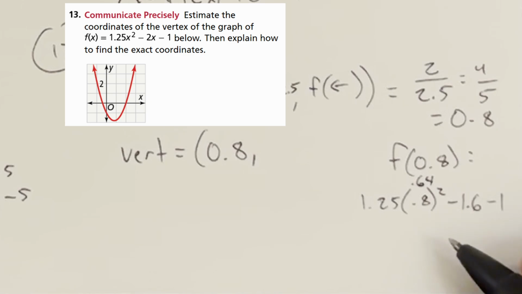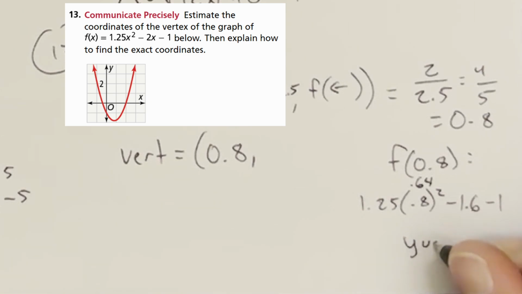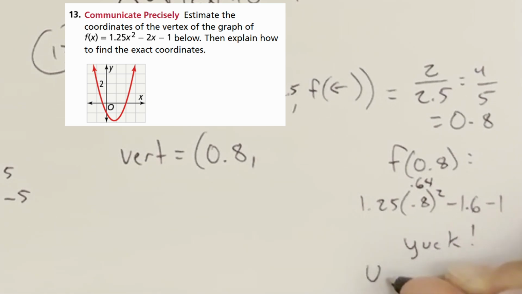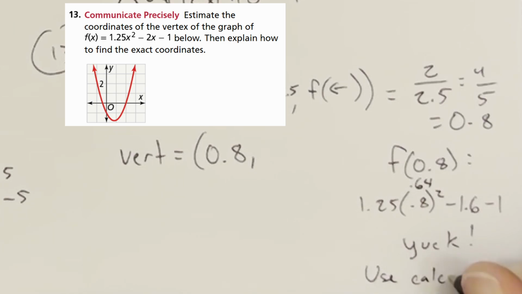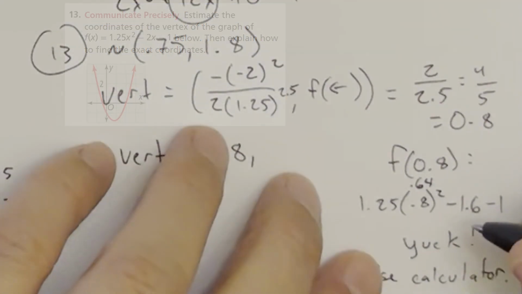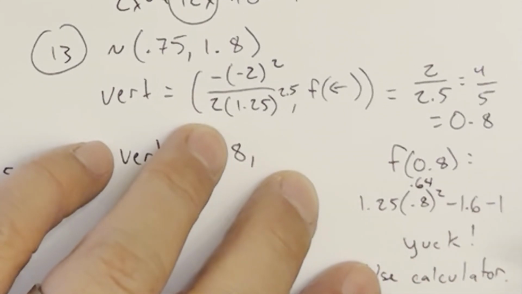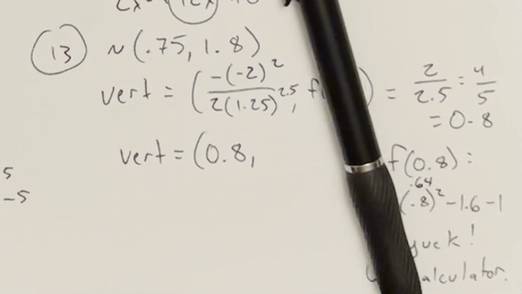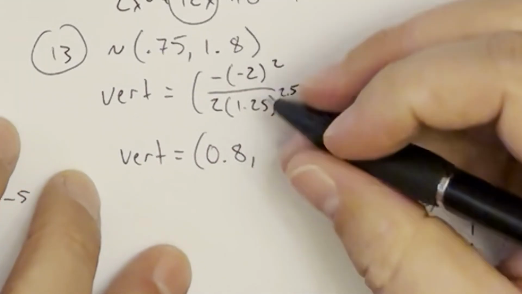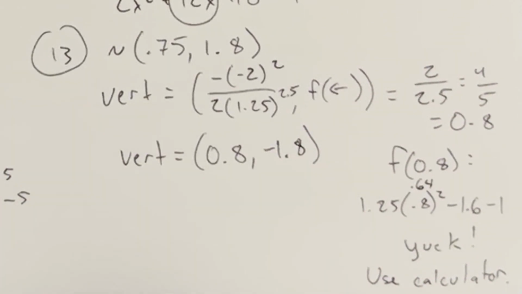If you're clever, you might figure that out in your head. I just say, yuck, let's use a calculator. The reality is it looked ugly, but it wasn't nearly as bad as I thought it would be. So I plug it into a calculator, and it's actually pretty easy. It's just negative 1.8. So my estimate was actually spot on for the y value, except I forgot my negative sign.